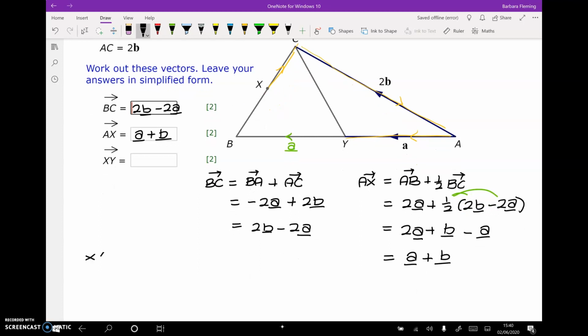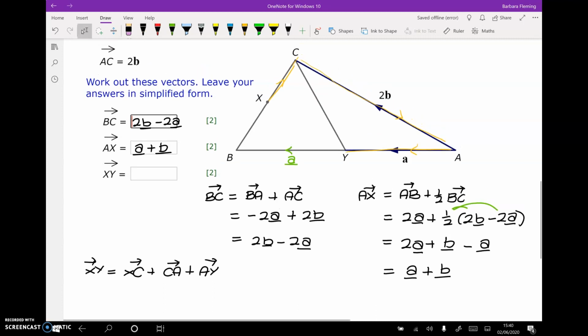So X to Y equals X to C, followed by C to A, followed by A to Y.